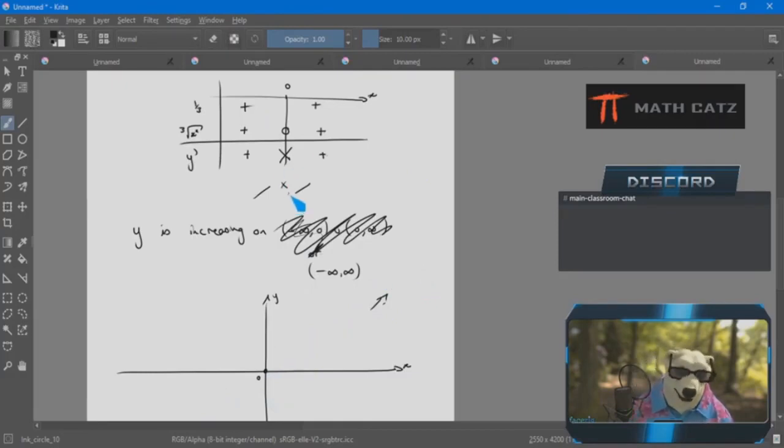If I think about straight lines, almost all straight lines have a slope. Almost all straight lines fit y equals mx plus b, except one. Except one straight line does not have a slope. Its slope is undefined. It's the vertical straight line.